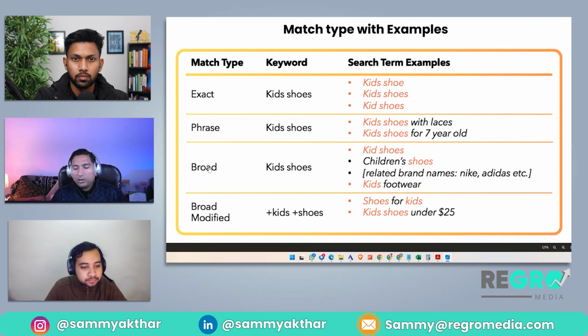Because on broad, a lot of the time we have seen that we get a lot of wasted ad spend. So we can be smart there and use broad modifier. Nothing changes, everything remains the same. The only thing that changes is the plus sign in front of it. If we start doing this, we can expect more relevant traffic as compared to broad, and also better results, a better conversion.